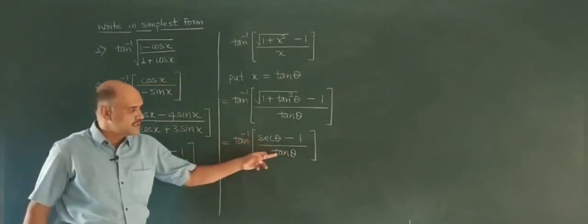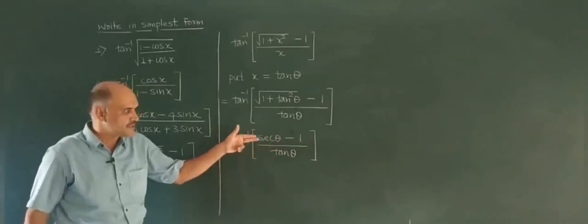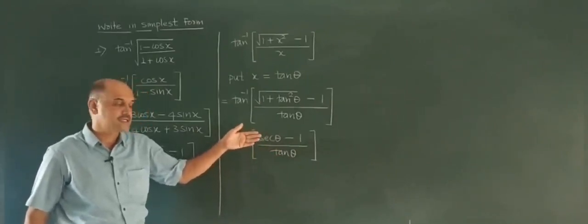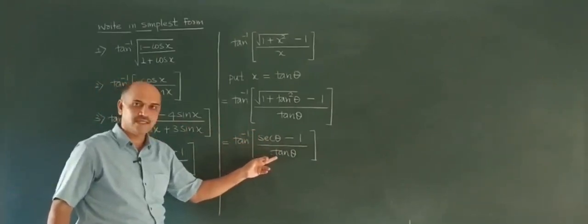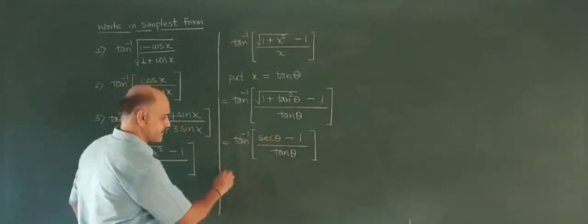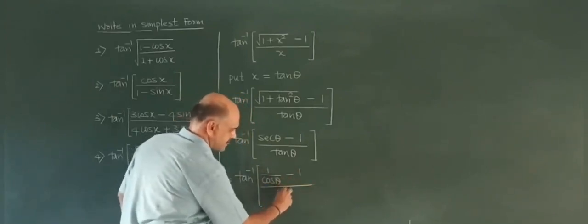Now convert these terms into sine and cos. Write secant theta as 1 by cos theta, and tan as sin theta by cos theta. So this is tan inverse of (1 by cos theta minus 1) whole divided by sin theta by cos theta.